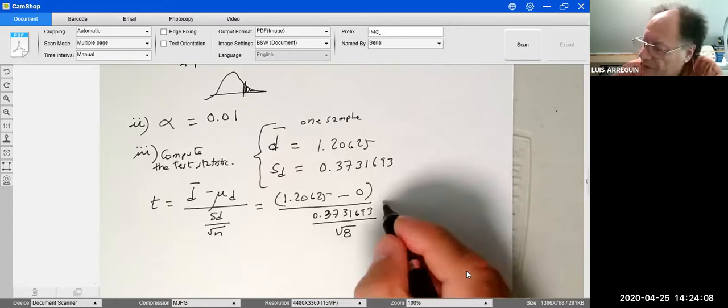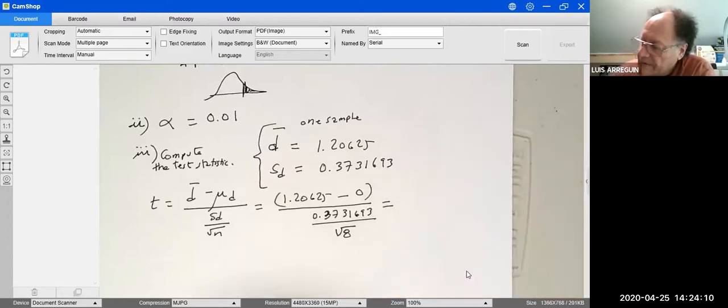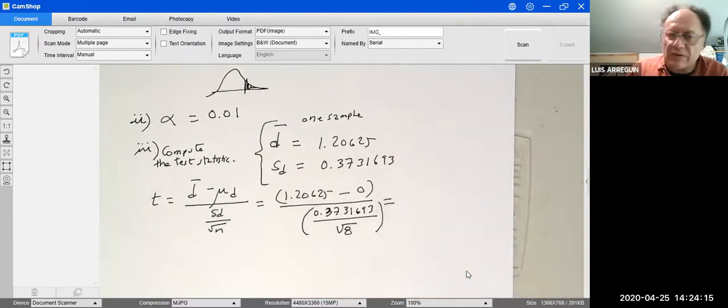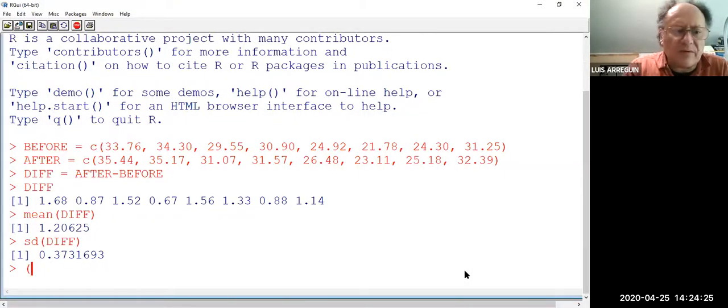So I'm going to compute this now. It's good to use parentheses to enclose your numerator and denominator to prevent mistakes. So I open my first parenthesis and write 1.2625 minus 0, close the parenthesis, and divide by a second parenthesis: 0.3731693 over the square root of 8.